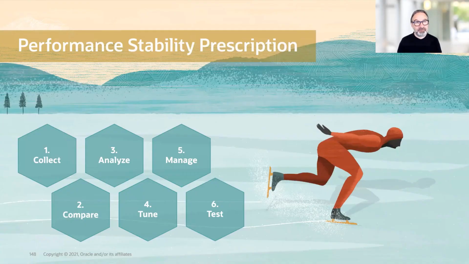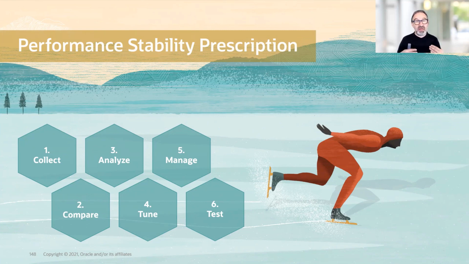Now, in summary, this is our performance stability prescription. You collect plans, for sure, because this can be your lifesaver. Then we do AWR diff reports, we compare. In the third step, we use SQL Performance Analyzer to find the misbehaving statements or to optimize our system. Then we used SQL Tuning Advisor and SQL Patch to tune the system.